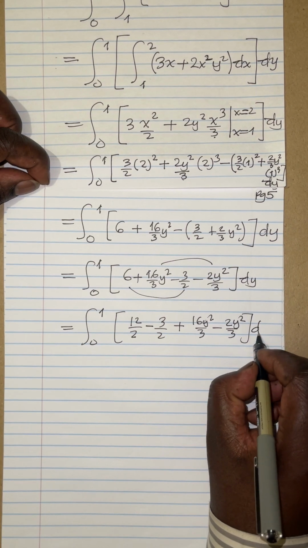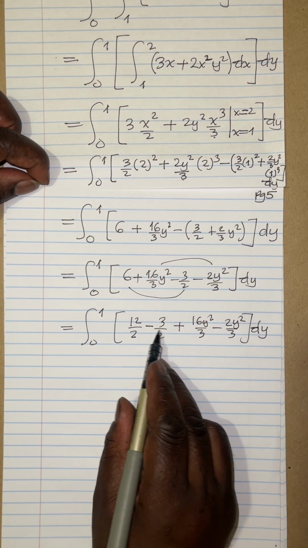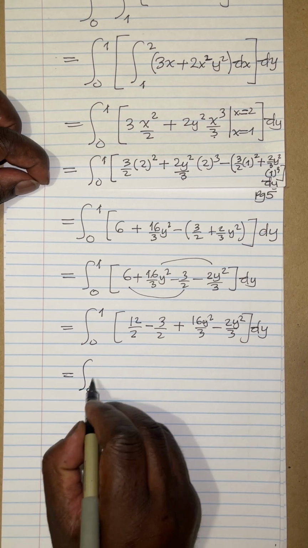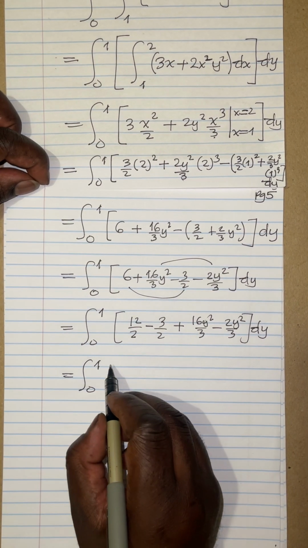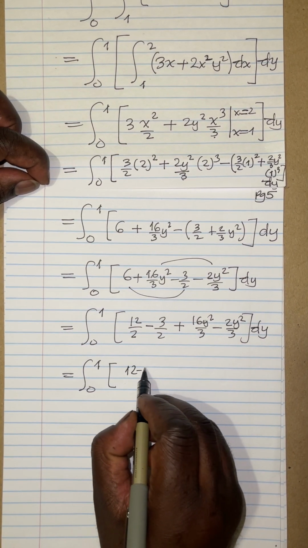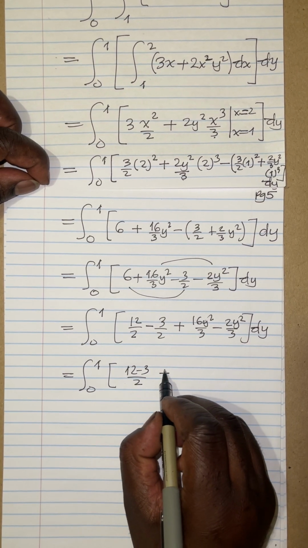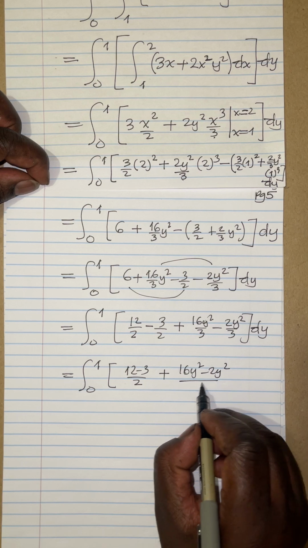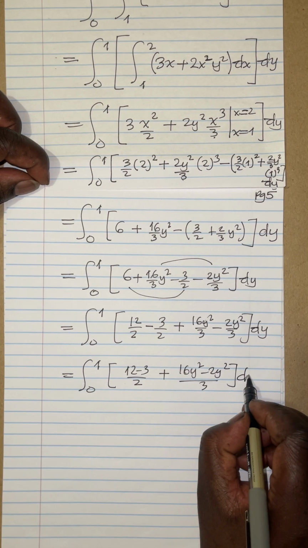And what do I have outside there? dy. This is 9 over 2, you can see 12 minus 3. Let me take it slowly. Integral from 0 up to 1 of 12 minus 3 over 2, and then plus 16y squared minus 2y squared all over 3, and then dy outside there.